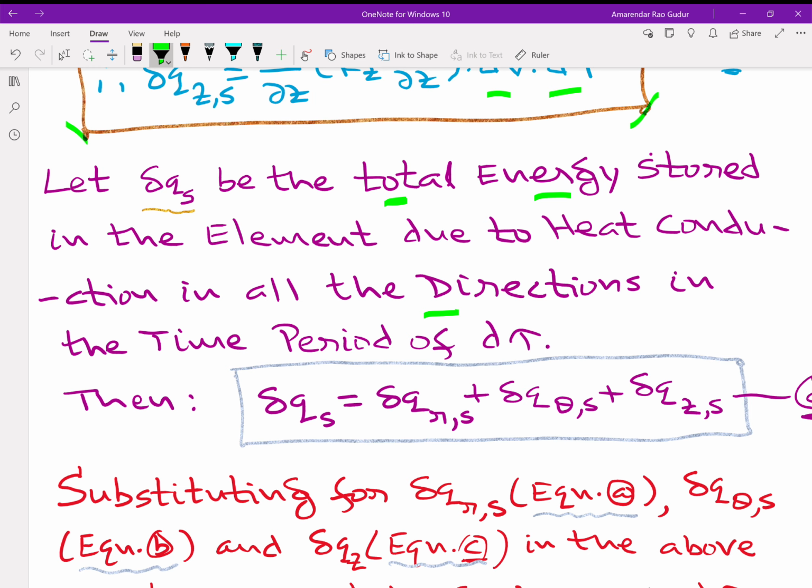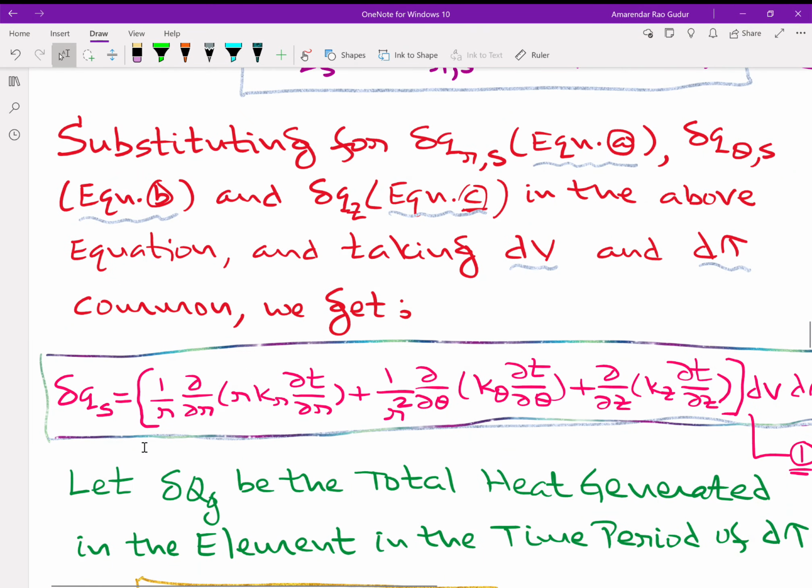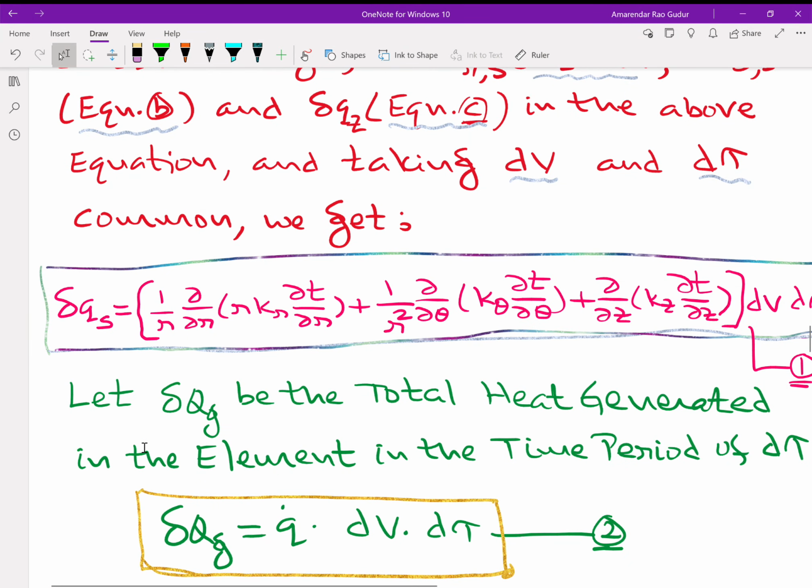Therefore if we substitute for del q r comma s, del q theta comma s and del q z comma s, and take dV and d tau common, we are going to have total energy that is stored in the element as 1 by r del by del r r kr del T by del r, that is r component, plus 1 by r square del by del theta k theta del T by del theta, theta component, plus del by del z kz del T by del z, that is z component, times same volume, same time.